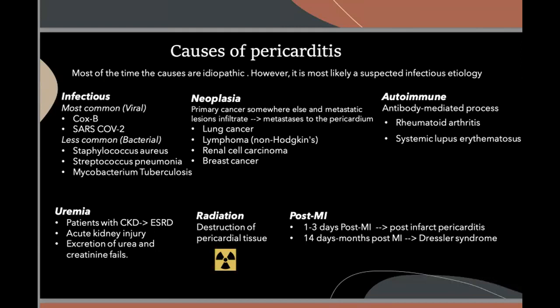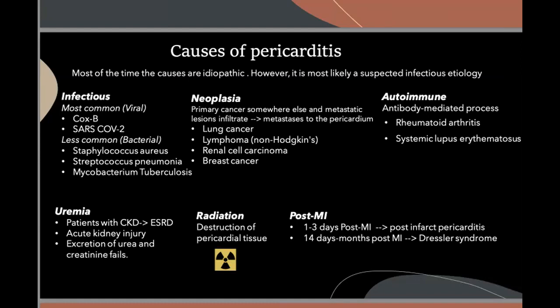And then another cause will be neoplasia, where we have a primary cancer somewhere else, and these metastatic lesions will infiltrate and metastasize to the pericardium. This can be due to lung cancer, lymphoma, renal cell carcinoma, and breast cancer.